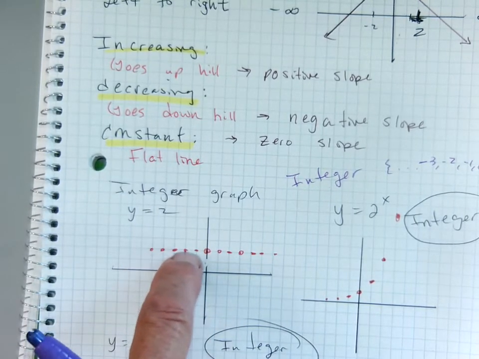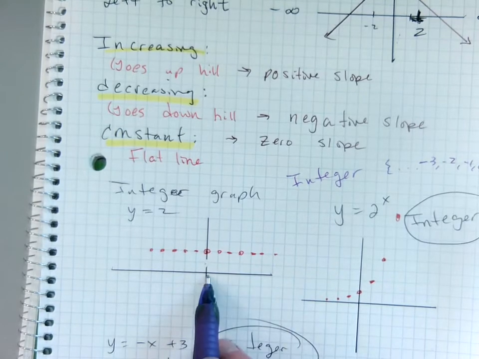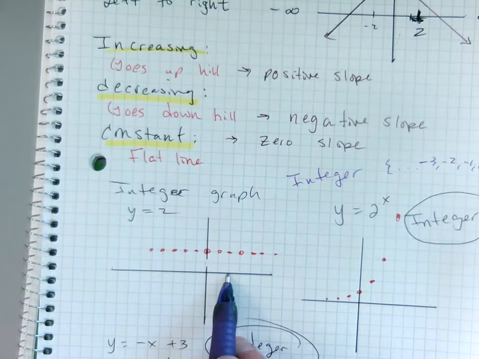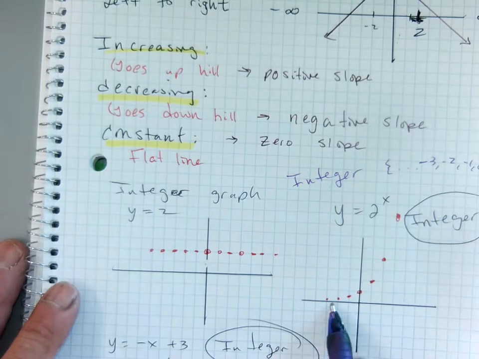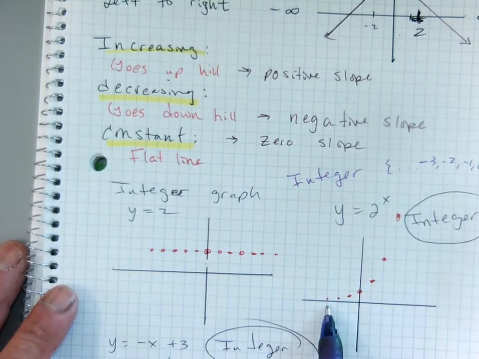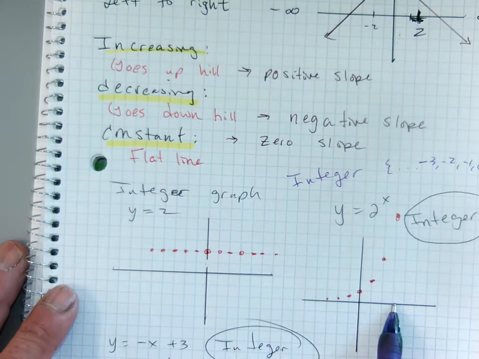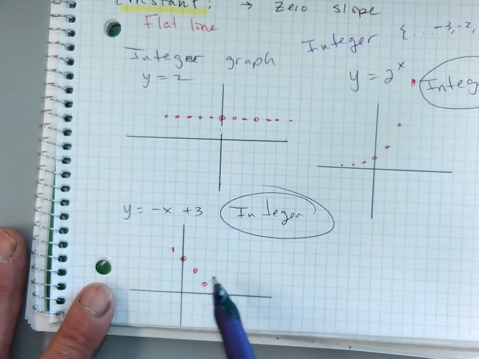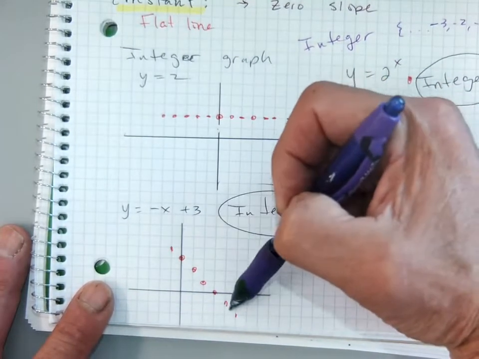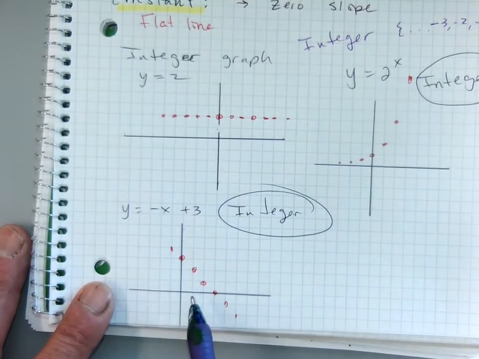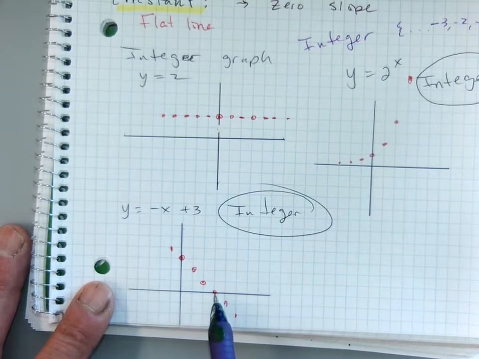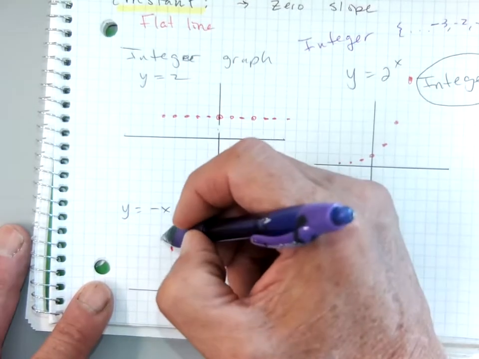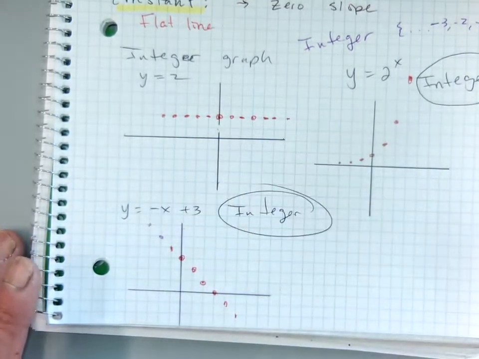There's no decimals, no fractions, just at 0, 1, 2, 3. Here's an exponential graph, but it's still an integer graph because it has values at 0, 1, 2, 3, and -1, -2. We saw another integer graph. We graphed this graph. There's no fractions or decimals, just graphed at 0, 1, 2, 3, and 4. And of course, it keeps going on forever and ever. I just didn't do that, okay?